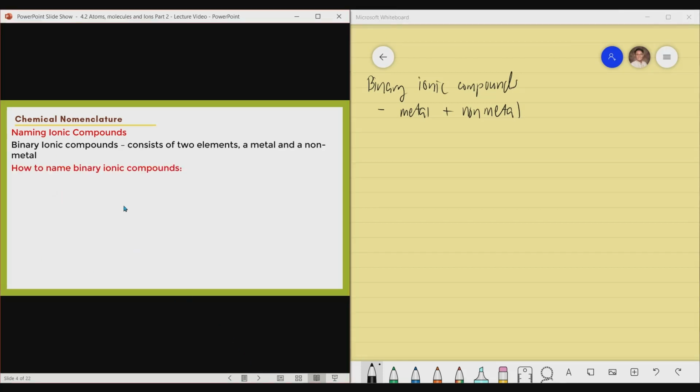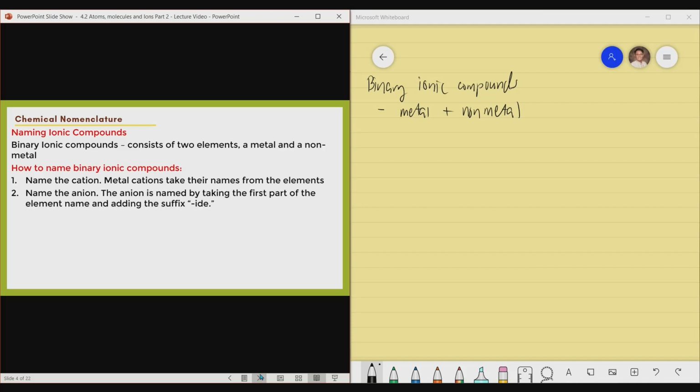Now, how to name binary ionic compounds? First is to name the cation. Metal cations take their names from the elements. So whatever the name of the particular metal or the particular cation, that will be its first name, the first component of the chemical nomenclature. Second, name the anion.